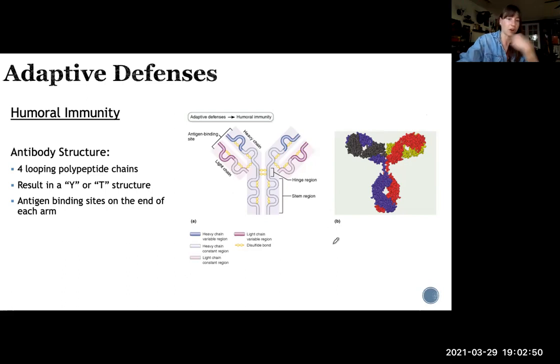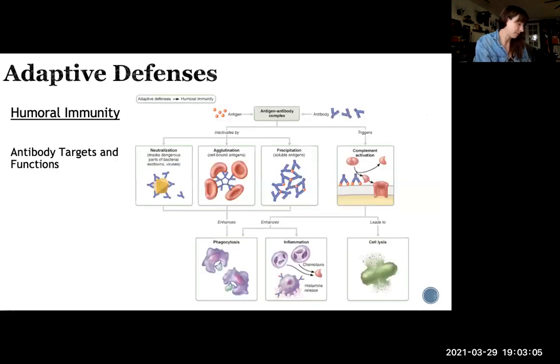Okay, and again, these are produced by your B lymphocytes, right? By your B cells. All right, so different ways that your antibodies can work, okay? So you have an antigen, bad guy.